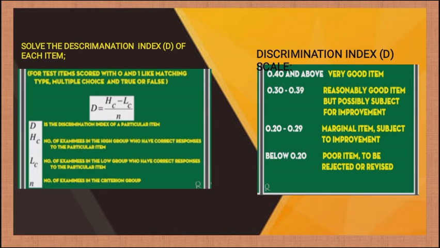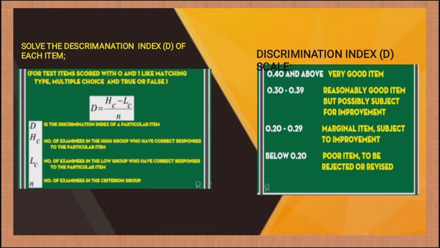And on the right, you would find the discrimination index scale. For the test items scored with 0 and 1, like the matching types, multiple choice, and true or false, there's a formula that we follow. D is the discrimination index of a particular item.